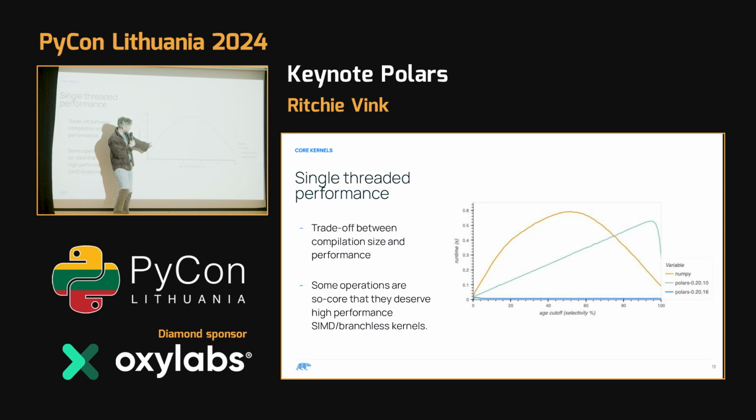But what you see is that when we get more and more randomness, so here it's 50%, 50% of the Boolean values are true, 50% are false. The point is, it's not really predictable what it is. So what will happen is that the CPU will mispredict if it's true or false.